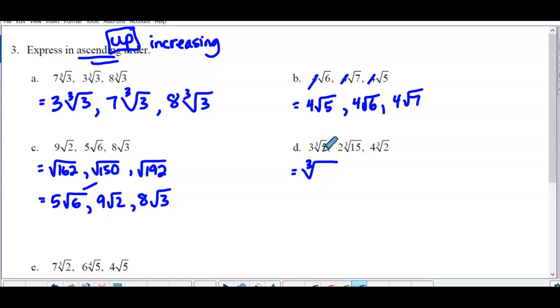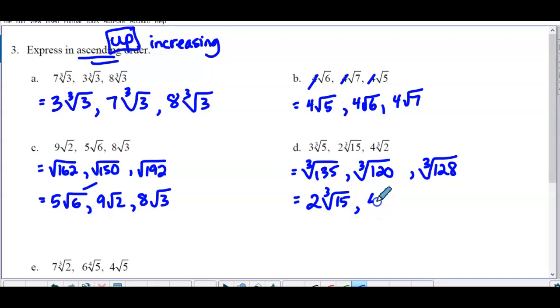So 3 cubed is 27, times 5 is 135. 2 cubed is 8, times 15 is 120. 4 cubed is 64, times 2 is 128. So in order, the middle one is the smallest, then the last one, then the first one.